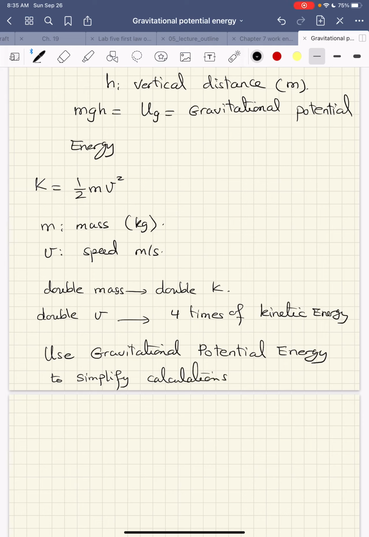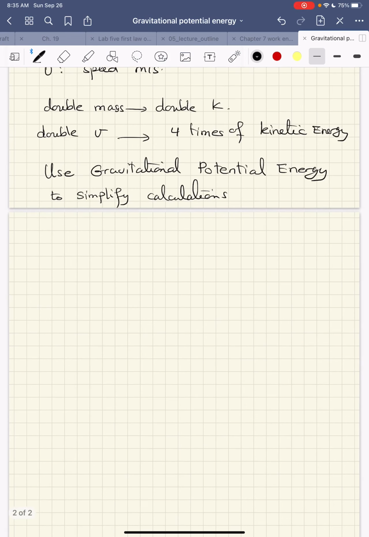For example, sometimes we are talking about going up steps like this, but you don't have to deal with that complicated situation.